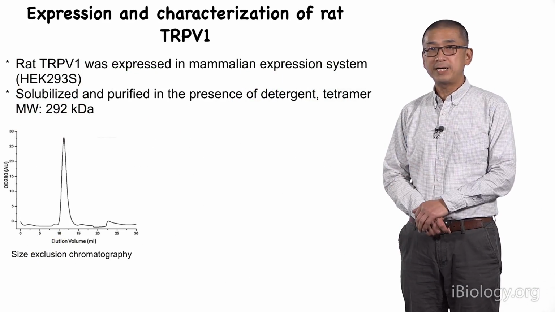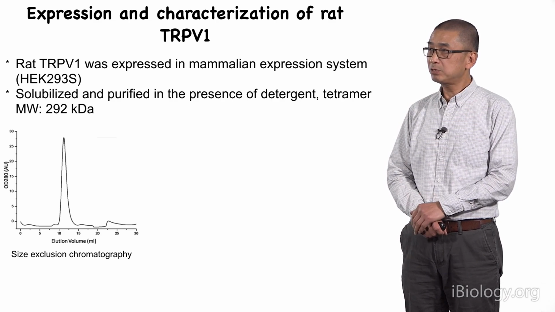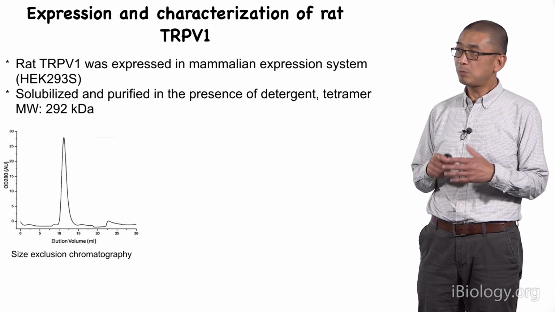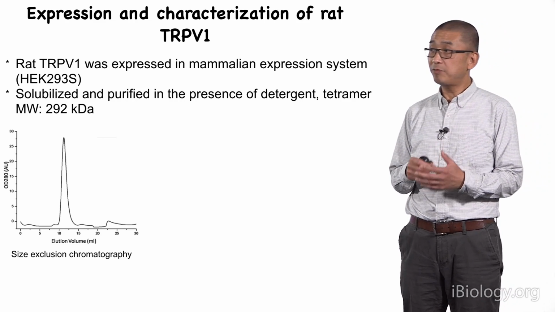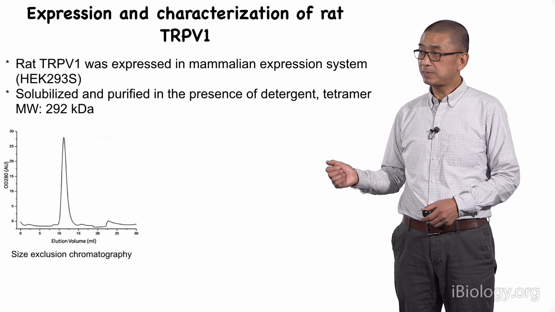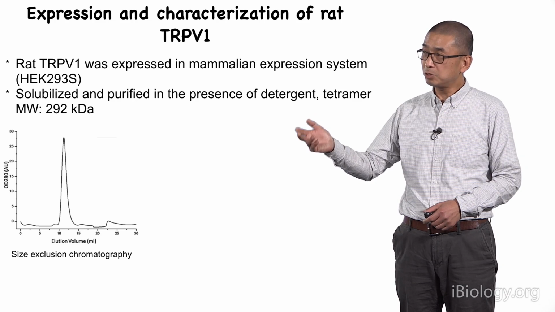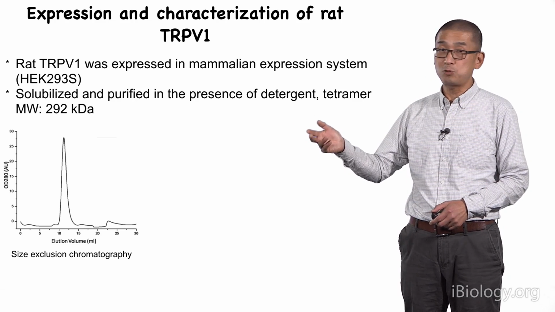The TRPV1 ion channel was first expressed in the mammalian expression system, then solubilized and purified in the presence of detergent. Shown here is a size exclusion chromatography of the detergent solubilized and purified TRPV1.